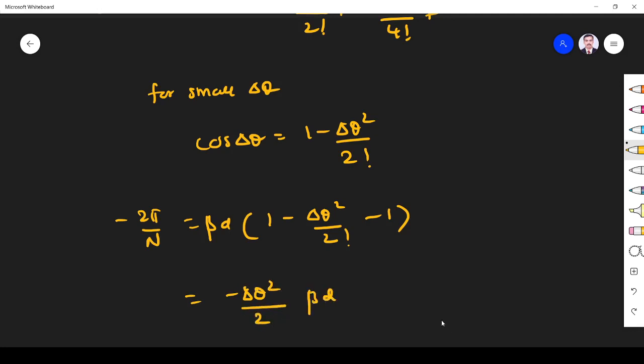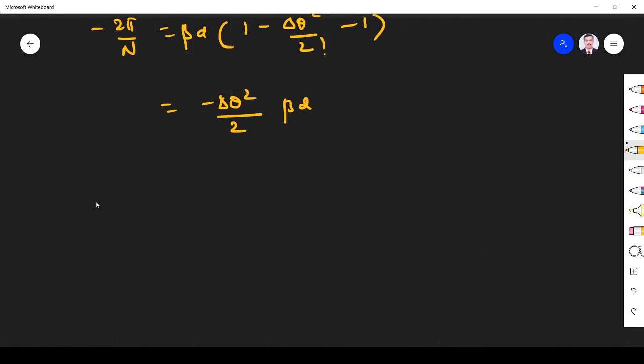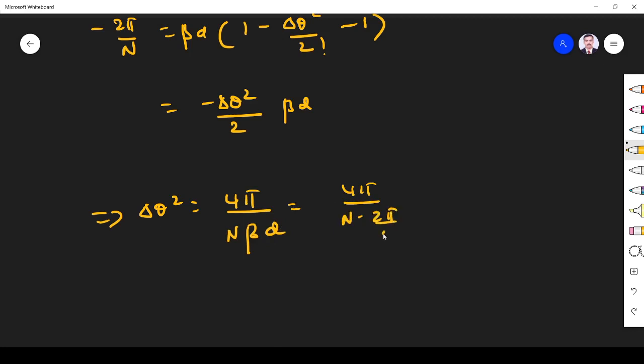So del theta squared is equal to 4 pi by n beta d. Beta is equal to 2 pi by lambda, so 4 pi by n into 2 pi by lambda into d. This indicates del theta is equal to 2 root lambda by nd.